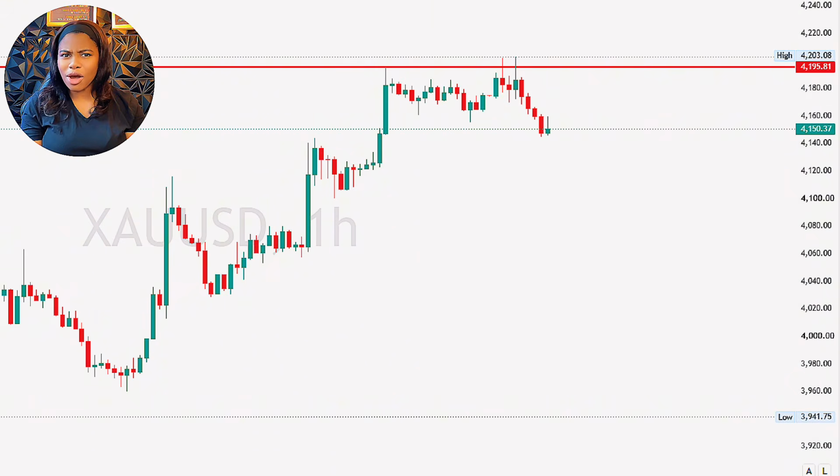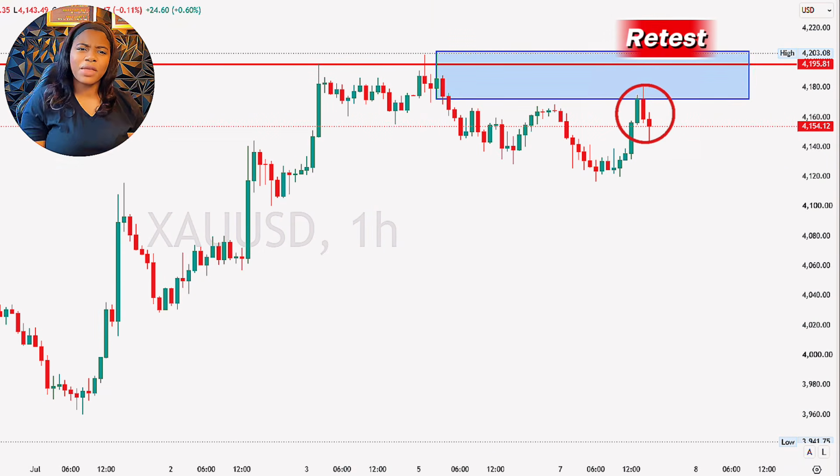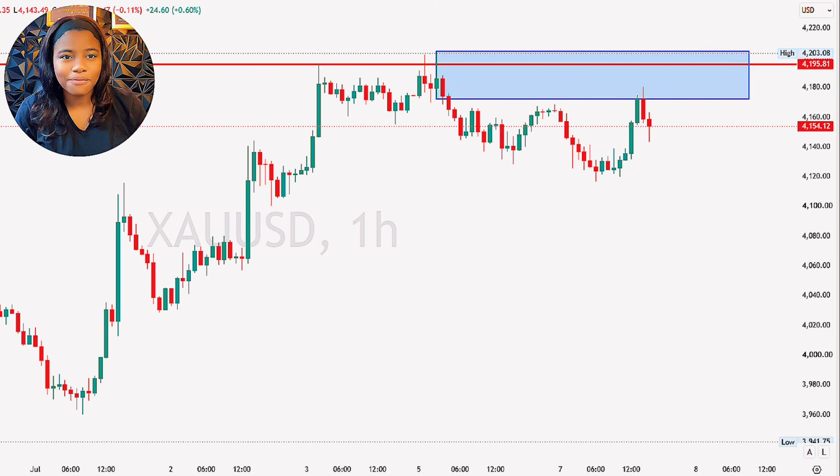Now, final one, number 4, we need a retest. No retest, no entry. After the structural shift, after momentum is confirmed, we wait patiently. And what we're waiting for is for price to come back for us, right? So it needs to prove itself and then come back. The train has to come back to the station to pick up those who are left.